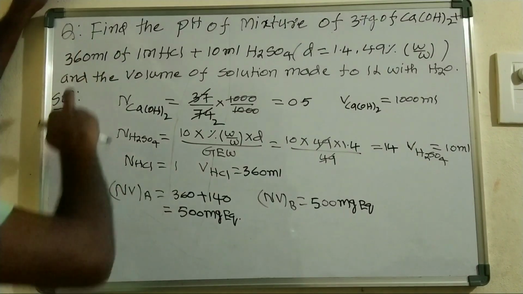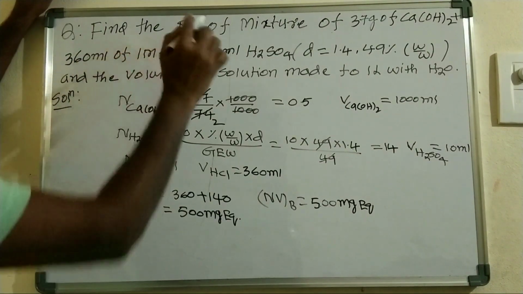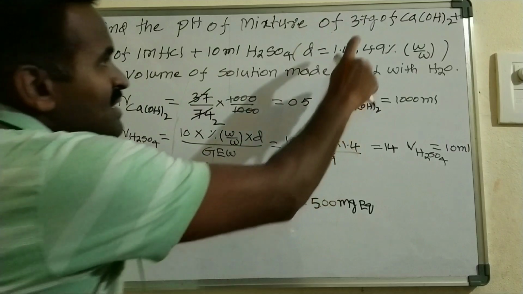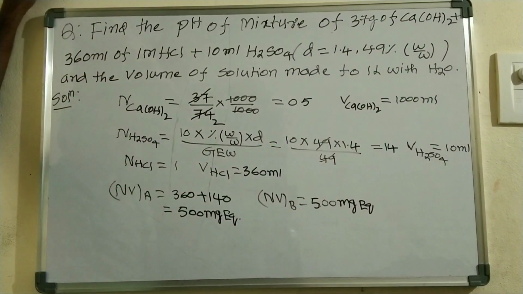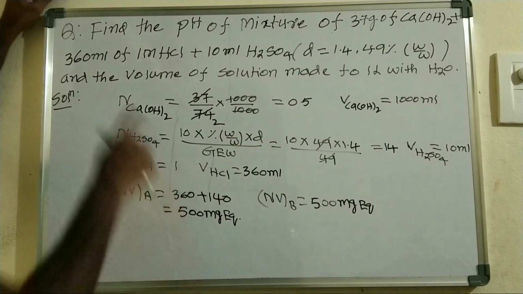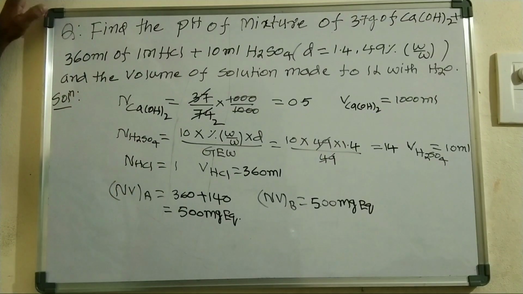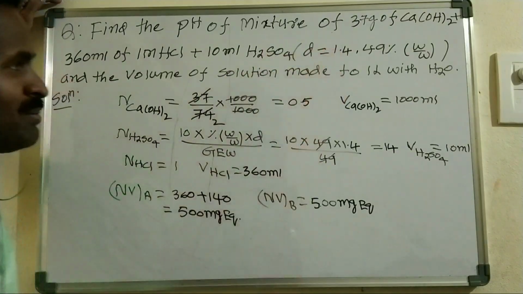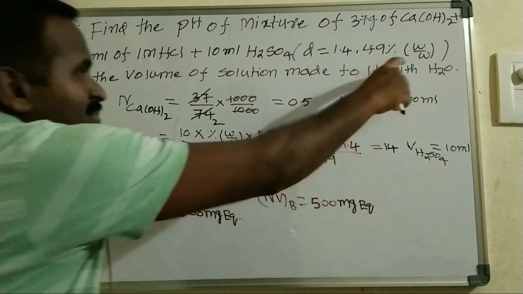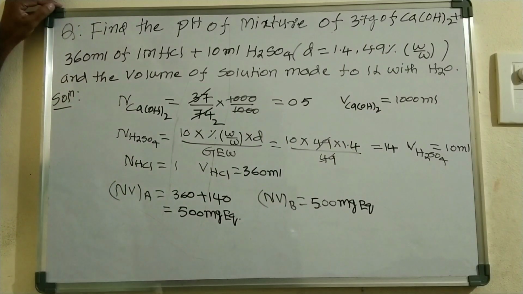Next problem: find the pH of a mixture of 37 grams of calcium hydroxide plus 360 ml of 1 M HCl and 10 ml of H2SO4, whose density is given as 1.4 and its weight by weight percentage is given as 49%, and the volume of solution is made up to 1 liter with water, right?